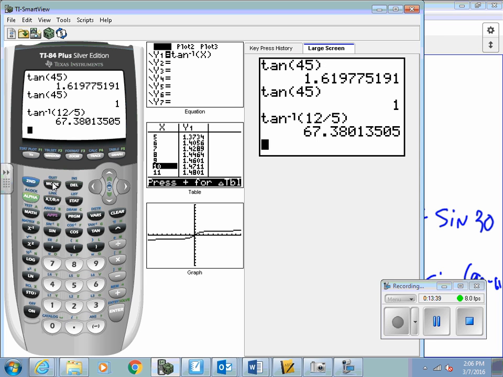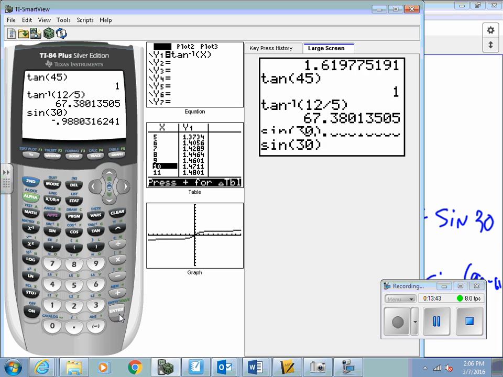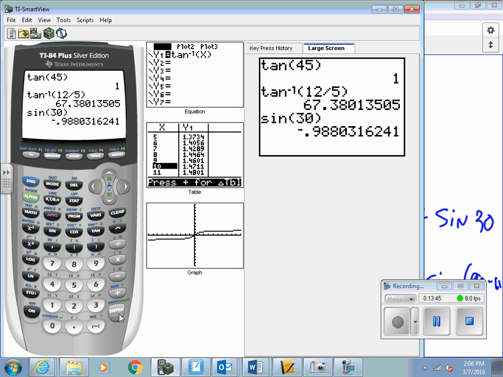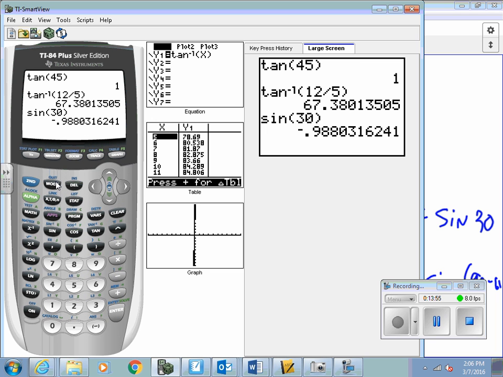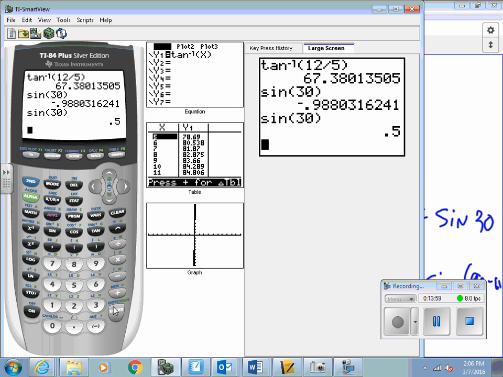Let's go here. So sine of 30 and cosine. Let's go into degree mode. Enter. So sine of 30, let's do it again. Sine of 30 equals 0.5.